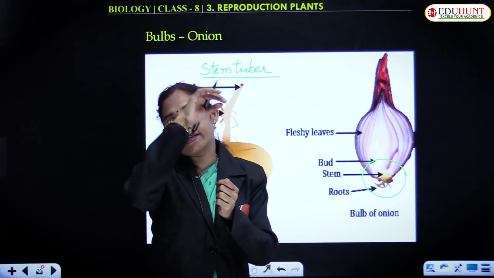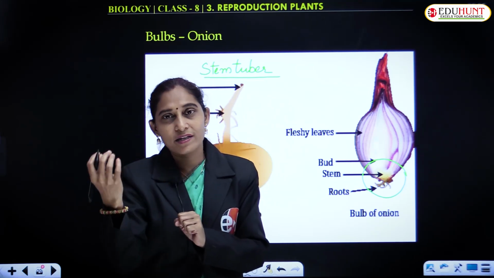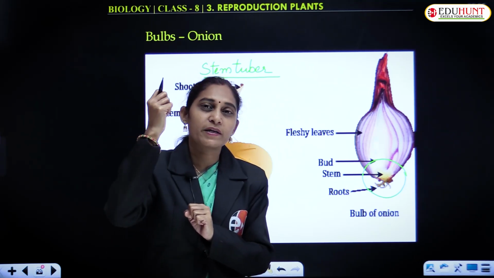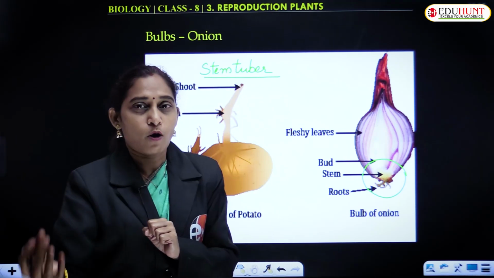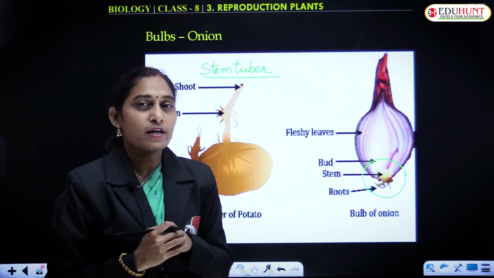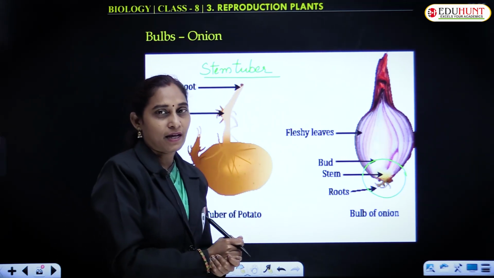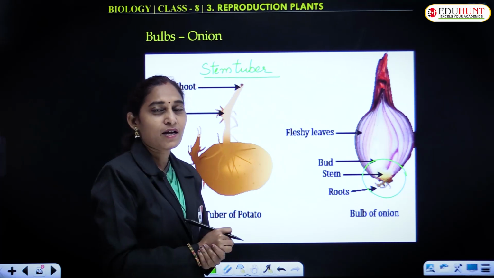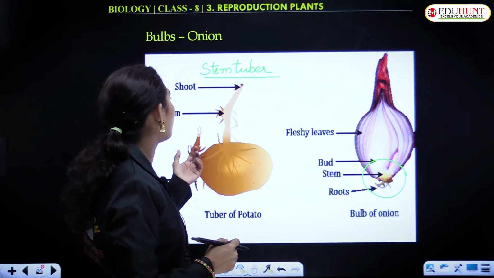Because of that weight, they move towards the ground and go into the soil, making the underground stem. It stores food material. It has eyes, they represent the axillary buds. They germinate into new plants.